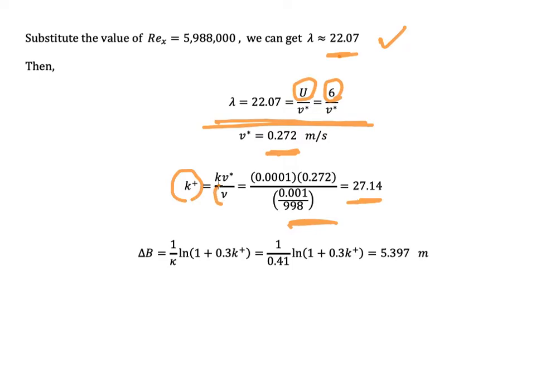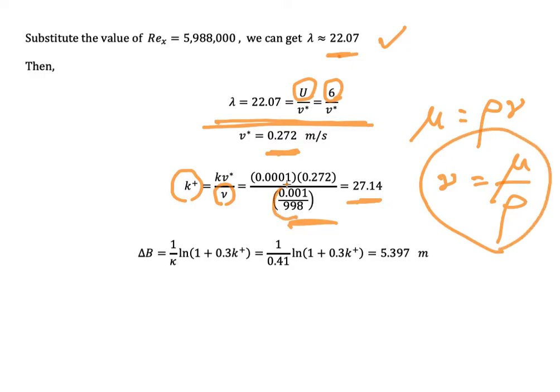So this is the kinematic viscosity value. It depends on you whether you want to use the kinematic viscosity, because the relationship here is mu equal rho nu. So nu is equal to mu over rho, so here is the value of mu over rho.